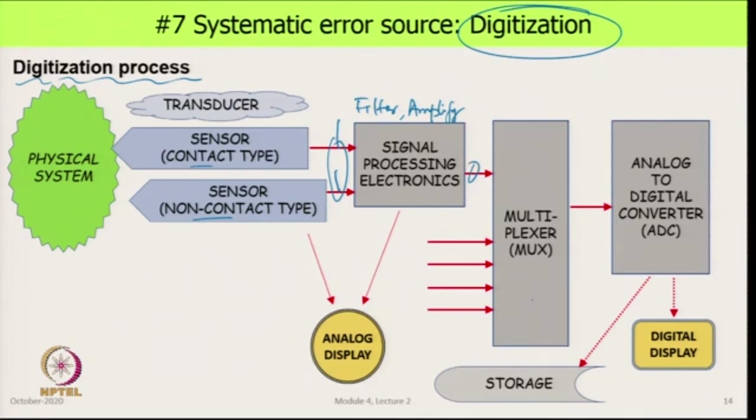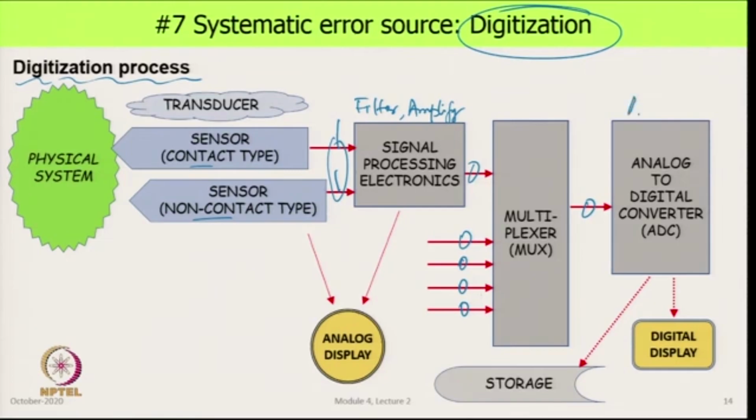This goes to a multiplexer if there is more than one input, which switches one input at a time. There is no change to the signal.